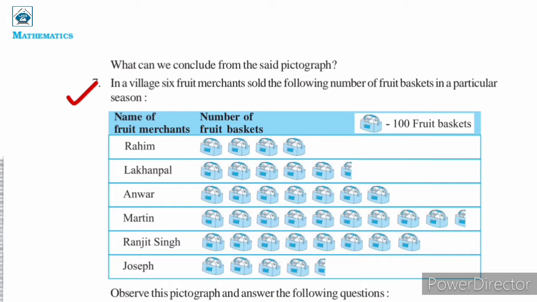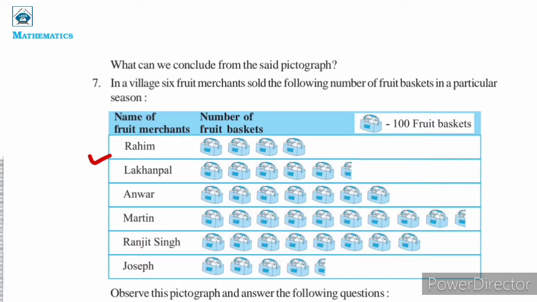Question number 7. In a village, 6 fruit merchants sold the following number of fruit baskets in a particular season. In this pictograph, we are given the name of fruit merchants and the number of fruit baskets they sold. So here, this picture represents 100 fruit baskets. So from this data, Rahim sold 400 fruit baskets.